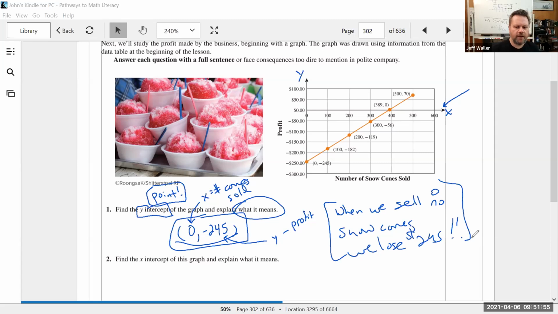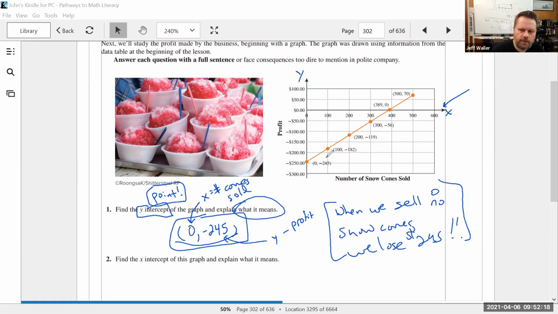So the $245 was the cost it took to set the business up, right? $245 probably in materials and whatever else. Some advertising. You with me? You guys okay out there?